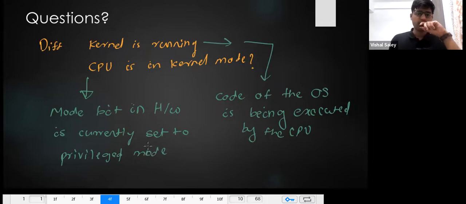Mode bit is 0, whatever. So this is what we mean when we say the CPU is in kernel mode. It is a hardware configuration: it just means that the bit is set to 0. That's all it means. While when we say the operating system is running, it means that the CPU is executing the operating system. Is this understood?